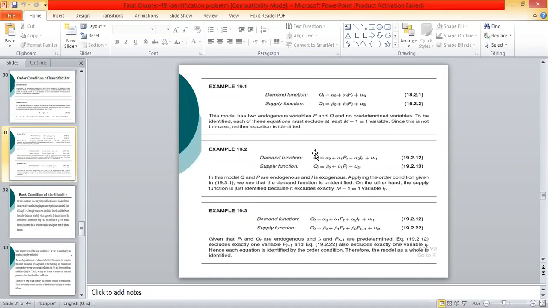There are only three variables in the model.